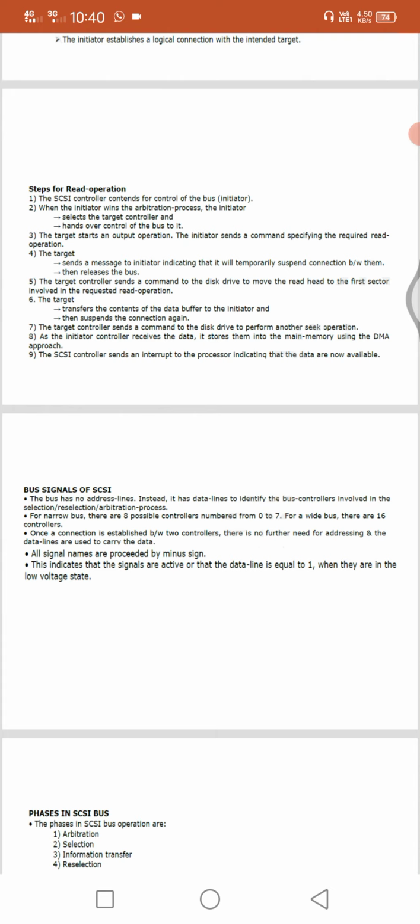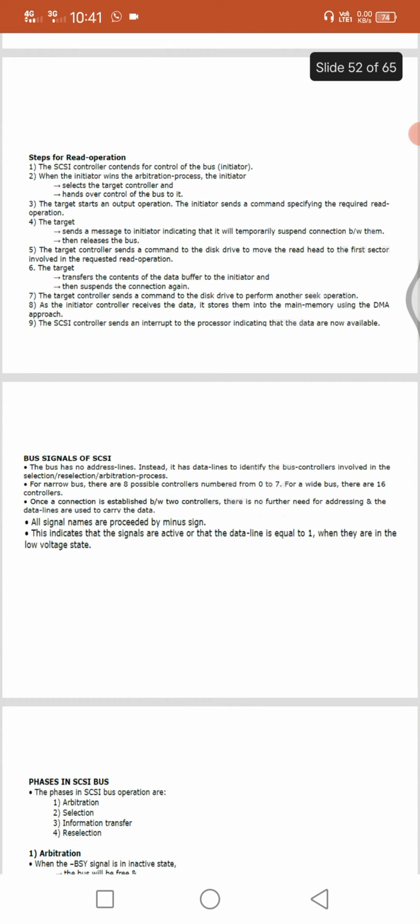The processor sends a request to the target controller saying this type of data is required. Then the target controller stops the current operation, starts this process of fetching the data, and after fetching the data, the SCSI controller sends an interrupt to the processor. Now the data is available.